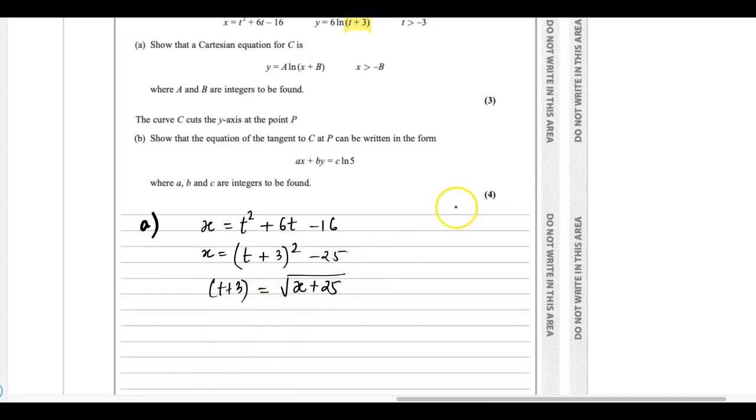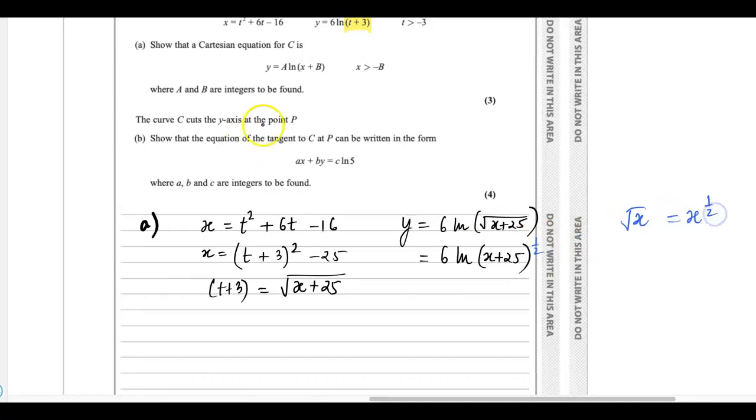Makes sense? Perfect. So in the same way, can we say that y equals 6 ln square root of x plus 25? Okay. So can we also write it like x plus 25 to the half? Obviously we can. If it is written square root of x, we can write it x to the power half, right?